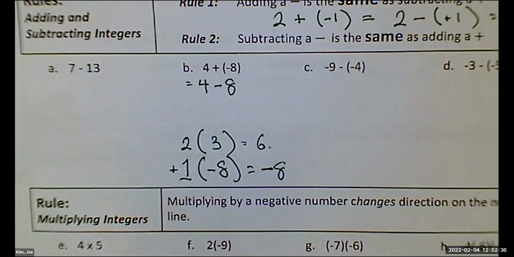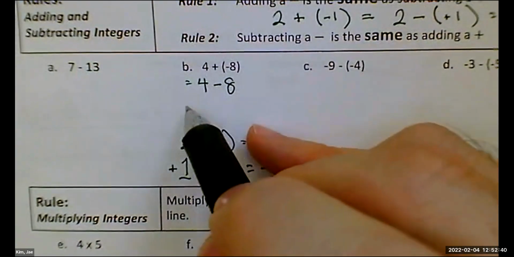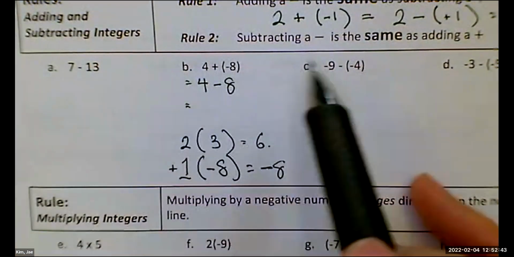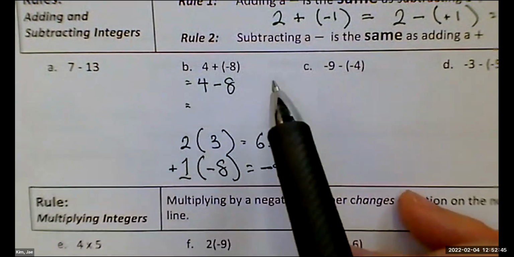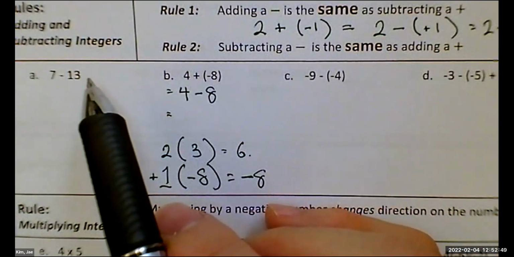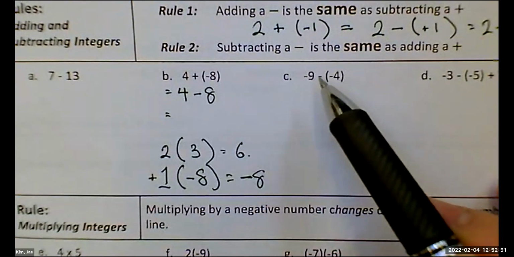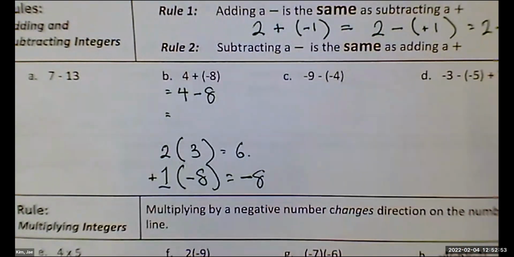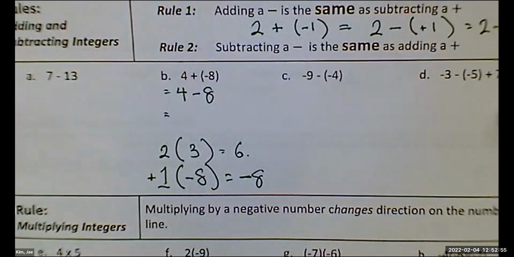I'm going to give you maybe about 30 seconds or so, maybe a minute. Could you attempt these, please? See what that means, okay? And if the analogy of temperature works for you, a -9 degrees, you take away cold. What does that mean? I'm going to give you a minute. Give it a shot.